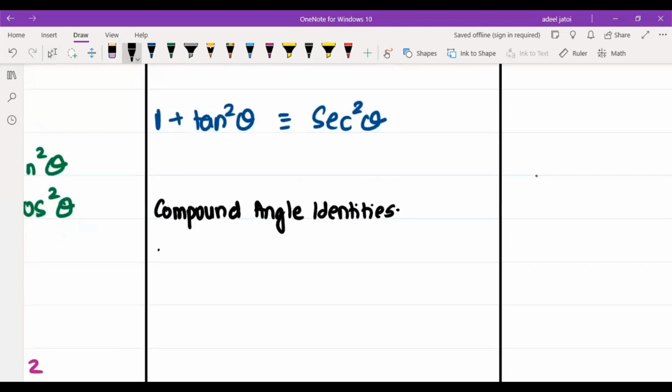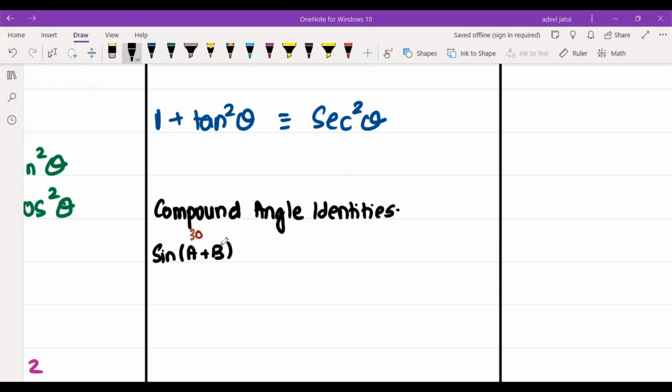Suppose we have sine of A plus B. In the question, for example, A is theta and B is 30.